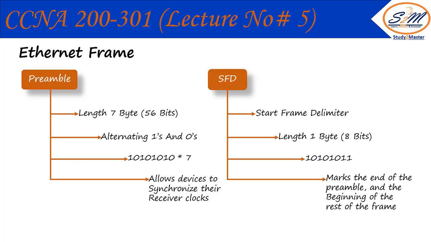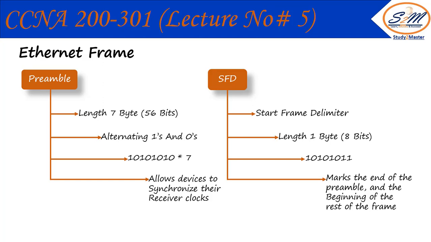Ethernet frame, preamble and SFD. The preamble length is 7 bytes, which is equal to 56 bits in binary, alternating zeros and ones. So the format of the preamble is 10101010 times 7, which is equal to 56 bits. It allows devices to synchronize their receiver clocks.